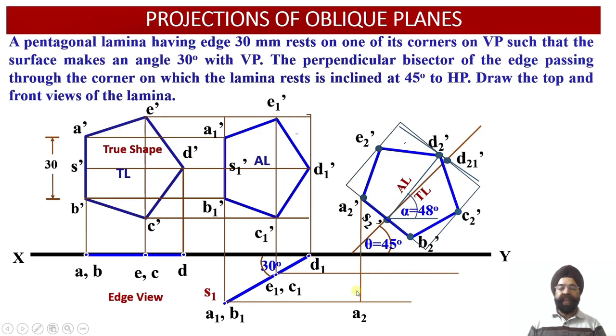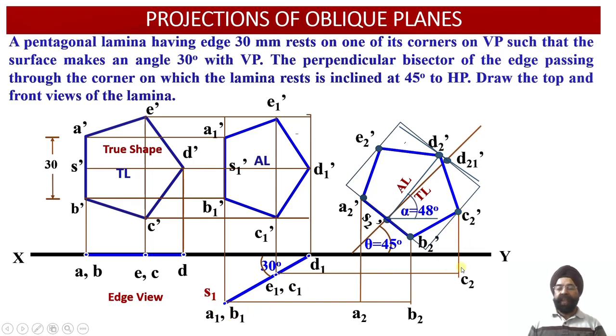So here we can see a2 point has been obtained by virtue of the point of intersection of the vertical projector drawn through a2 dash and the horizontal projector drawn through the point a1 over here. Similarly, the point b2 has been obtained in the top view projections by virtue of intersection of the vertical projector line drawn through the point b2 dash and the horizontal projector line drawn through the point b1 over here.